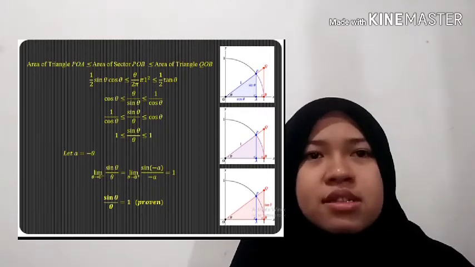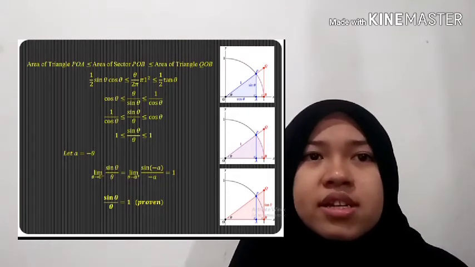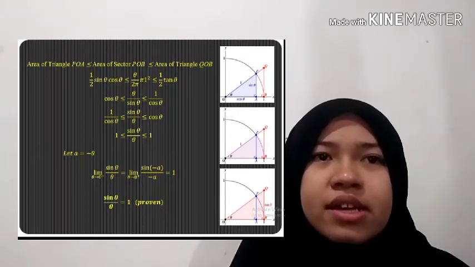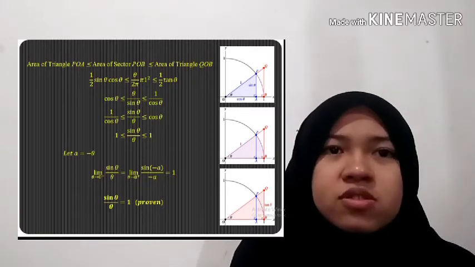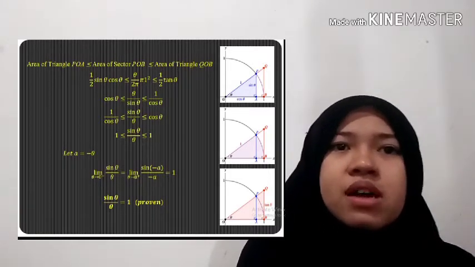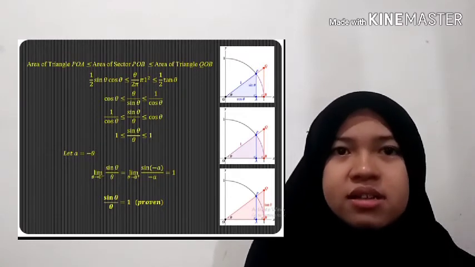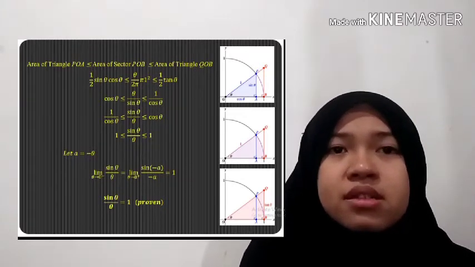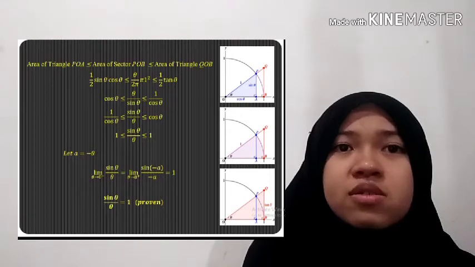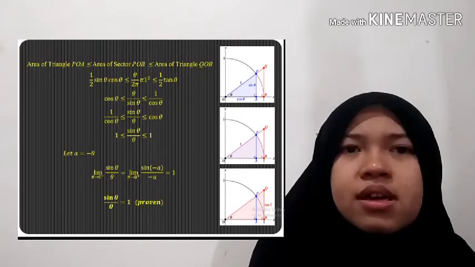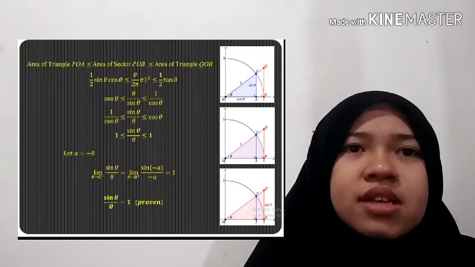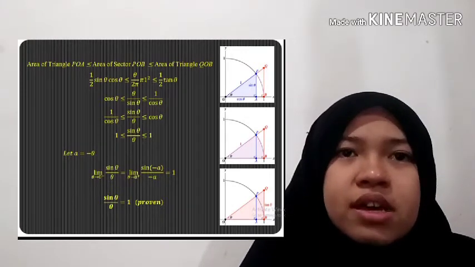How about when theta approaches 0 from the negative side? Now let a be equal to negative theta. The limit as theta approaches 0 from the negative side of sine theta over theta is equal to the limit as a approaches 0 from the positive side of sine of negative a over negative a. Why? Because theta is equal to negative a.